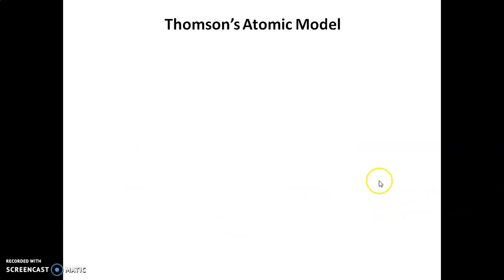Students, we know the Thomson's atomic model. By the way, what is the atomic model? An atomic model is just a sketch of something that we actually don't know, but we just assume it to be.